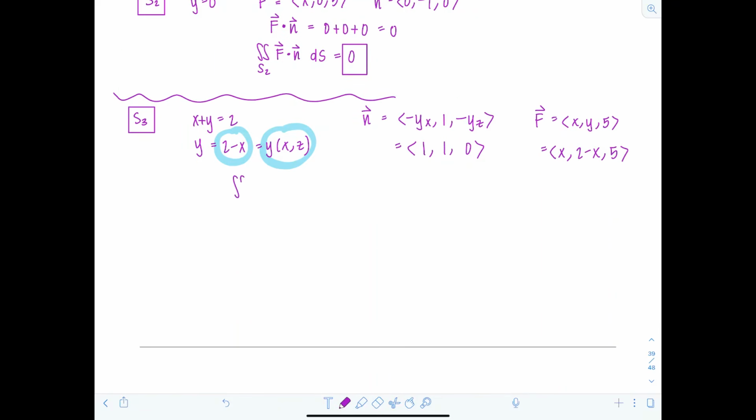So the surface integral on surface 3 is going to be F, so x, 2 minus x, 5, dotted with n, 1, 1, 0, dS, which becomes a double integral over region D3. And then let's take this dot product. I get x plus 2 minus x plus 0. And now this is dA.